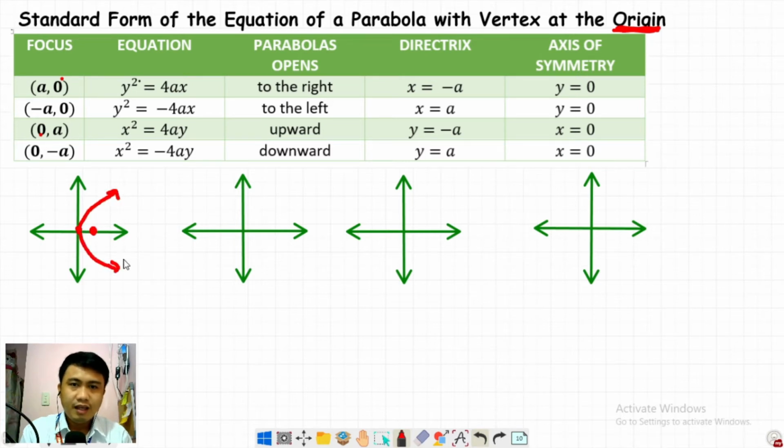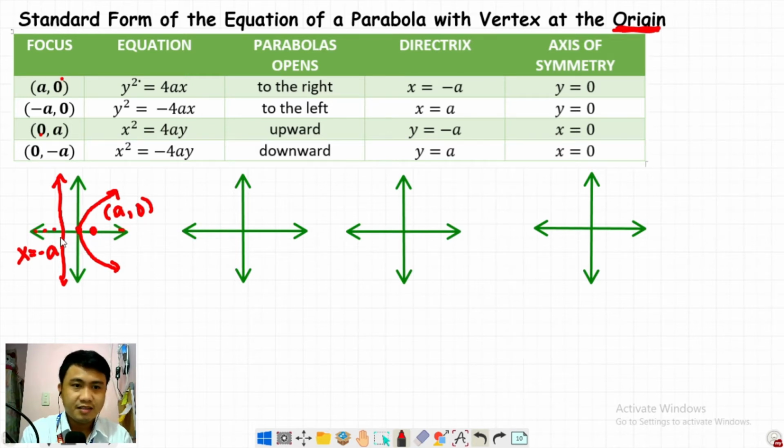Okay? And then, our directrix is x is equal to negative A. Nandito yung part ng ating directrix. This line is x is equal to negative A. Okay? Kasi the focus is at the A0. Ganun po ang itsura. And of course, our axis of symmetry is this one. Ating y equals 0, ang x-axis mismo.